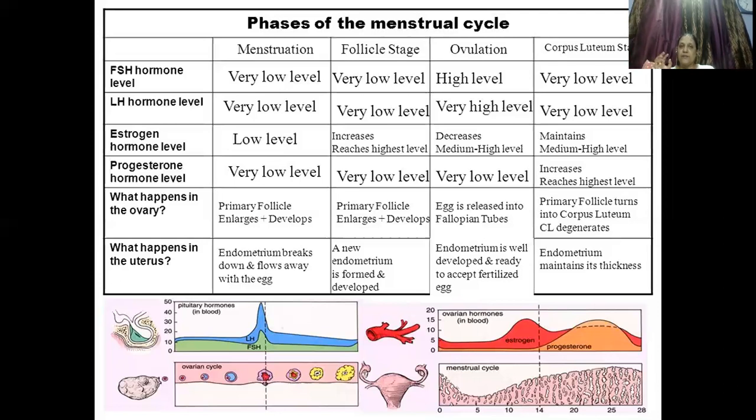So the Graafian follicle is fully developed, which releases the oocyte, and the corpus luteum is initially very low. Now in the luteinizing hormone, also in the menstrual cycle, the levels are very low. Again in the follicle stage it is very low. It goes very high in the ovulation. Why? Because it has to release the egg, and the corpus luteum again is very low.